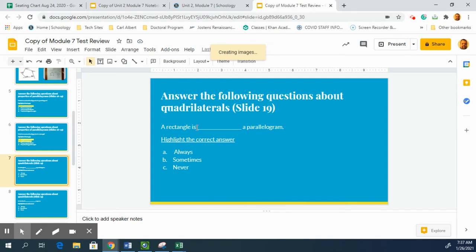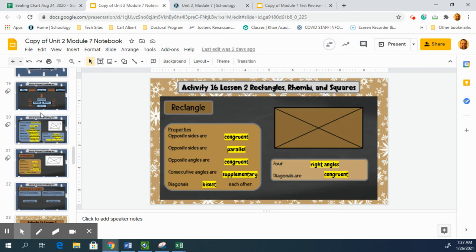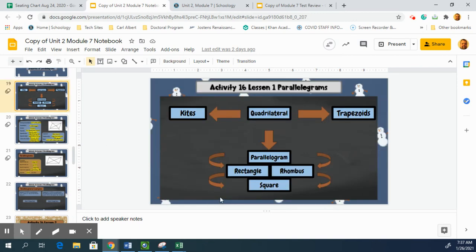This one, a rectangle is blank a parallelogram. It says use slide 19 to help answer this question. A rectangle is always, sometimes, never a parallelogram. Let's look at slide 19. So it's this family tree, I call it. Well, as we work down here, quadrilaterals can be sometimes parallelograms.